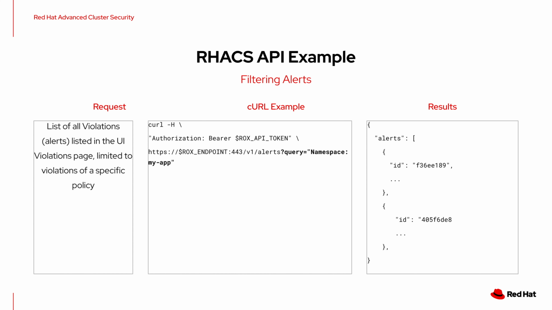This is a really good practice. If you're looking for results for a specific namespace or a specific policy, this is a good way to filter the amount of data that has to be processed after it gets returned. Either way, I'm getting back the same format, a list of alerts. That list of alerts needs to be parsed through if I want to get the details for each individual one.